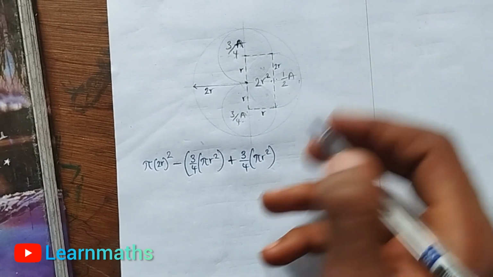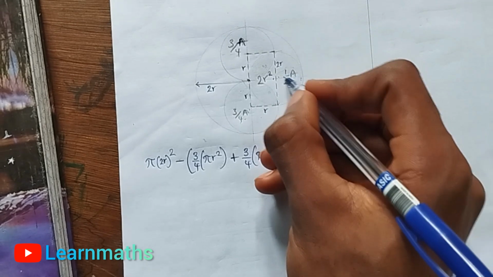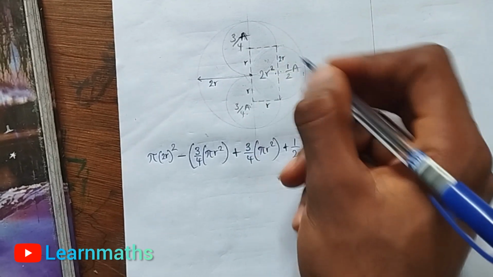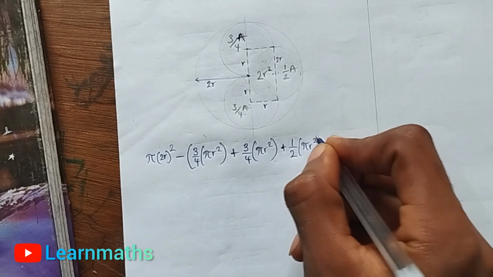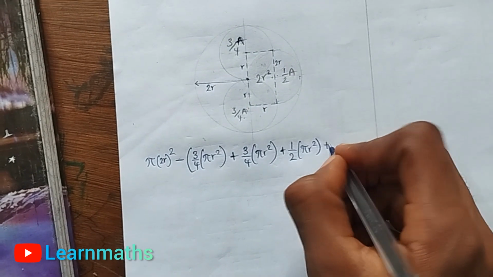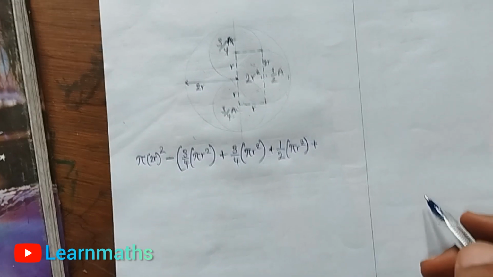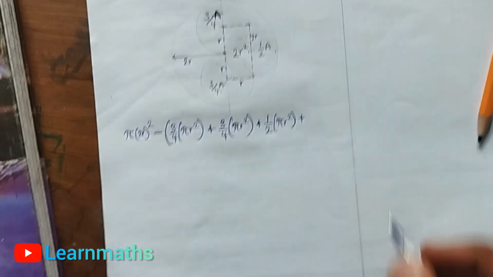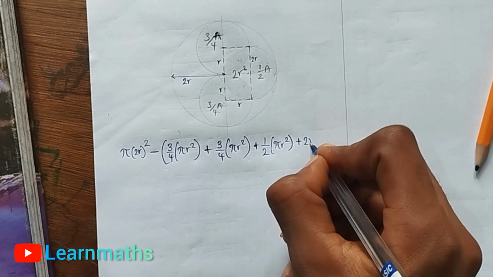All right, on this side we have just 1/2 the area of the same smaller circle, right? That's 1/2 pi r squared. In addition to that, we're going to have to subtract this area as well, because it's also a shaded portion. The rectangle constructed is also a shaded portion. So that's going to be 2r squared, right?